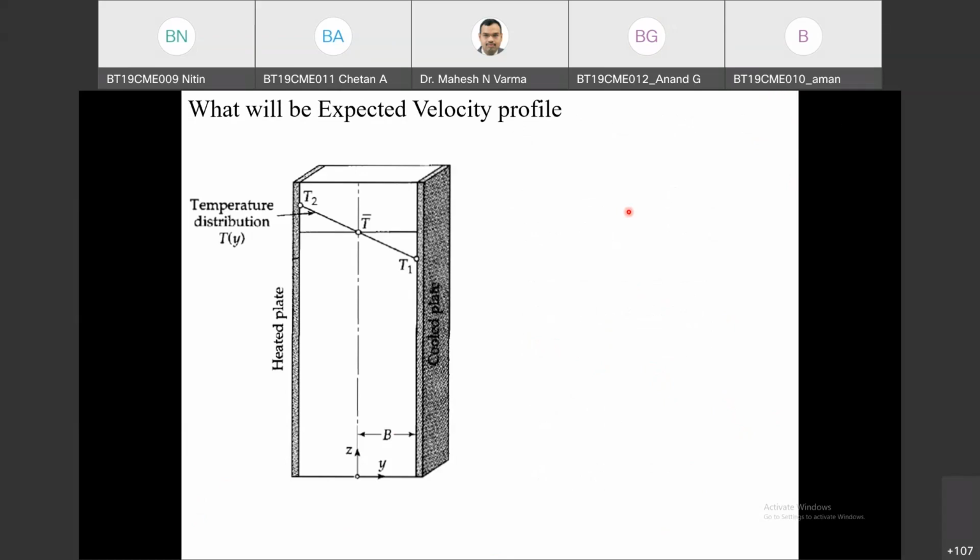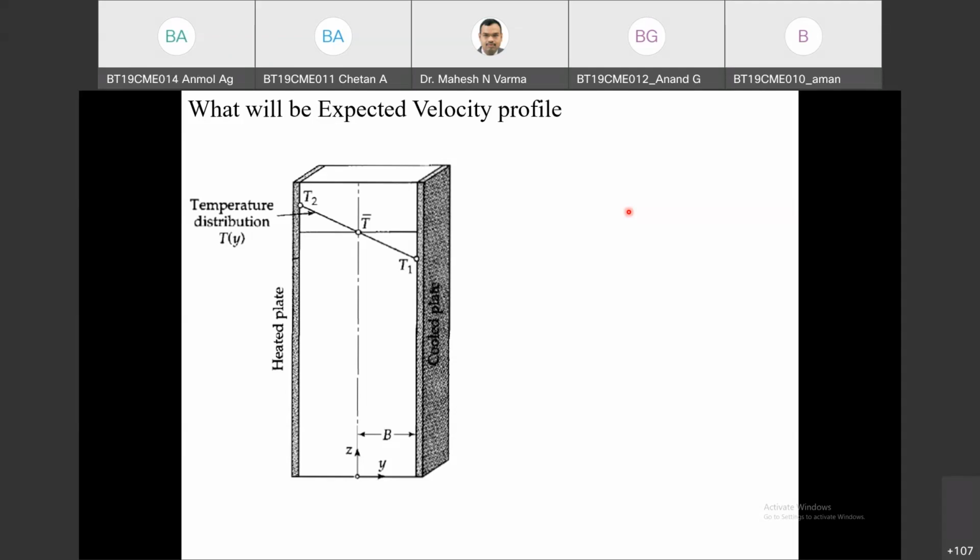Roll number 14, Anmol. Yes, sir. What is the expected velocity profile? Sir, as the whole fluid is enclosed in a box, fluid from one side will be going up, and fluid from the other side will be going down.